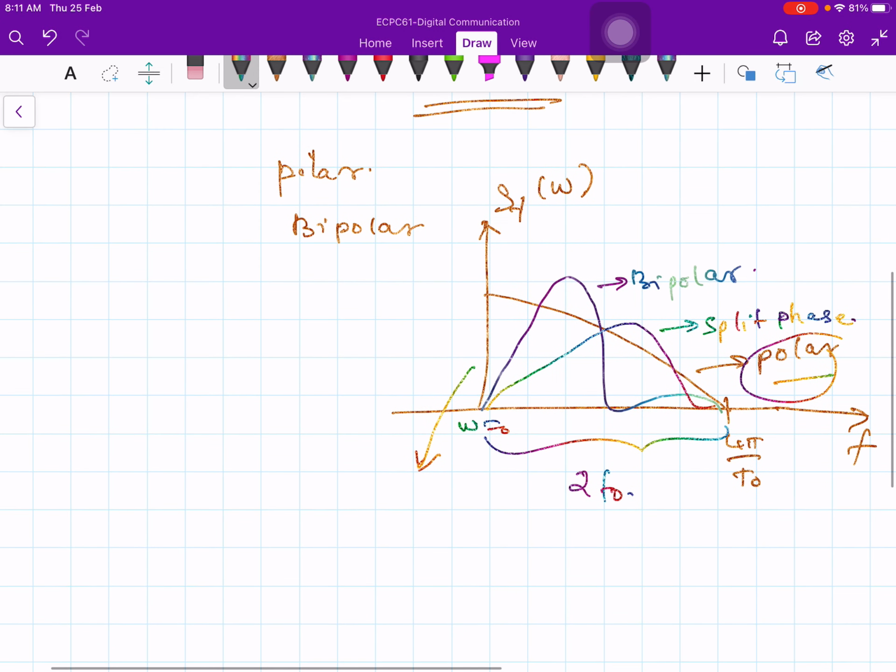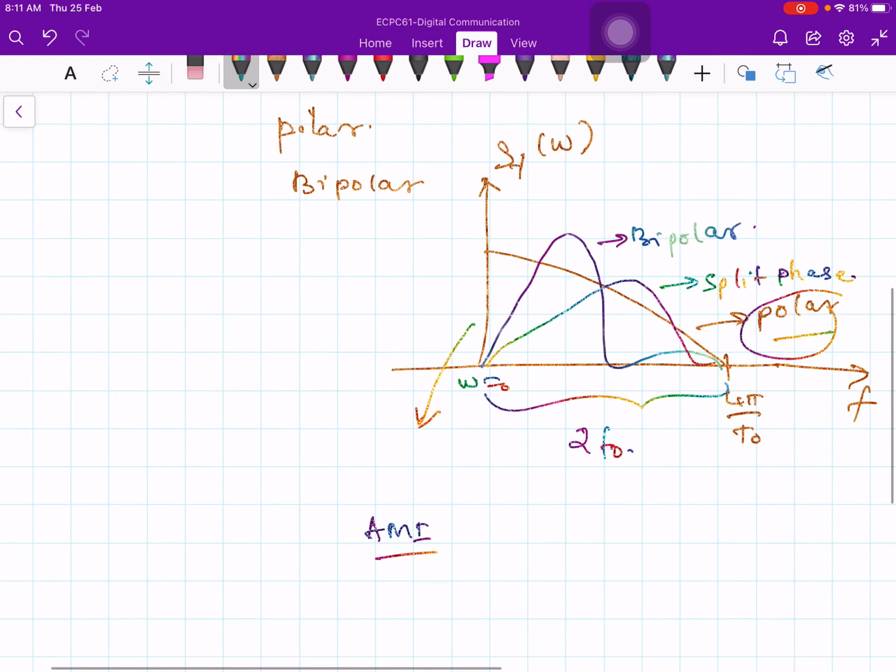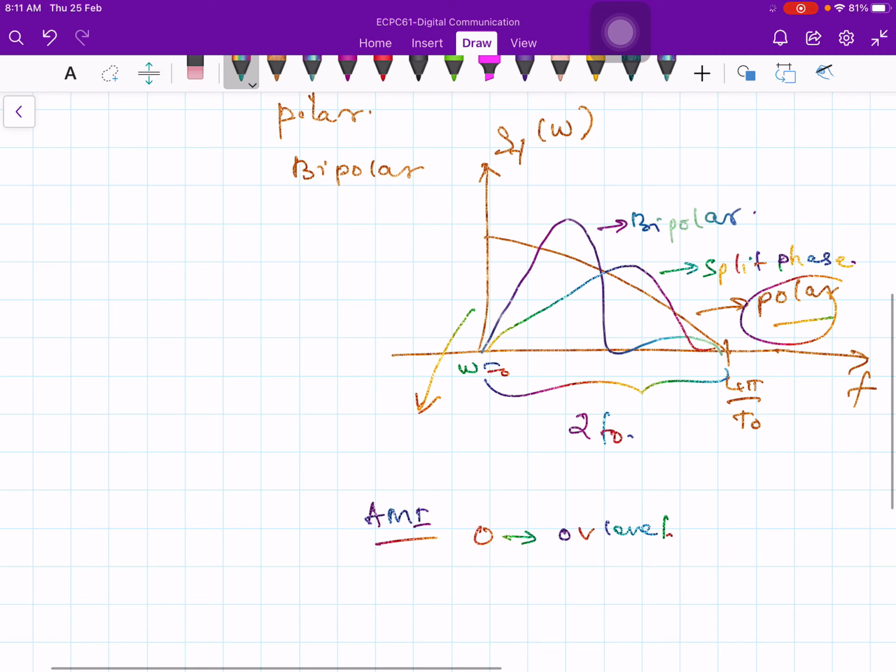But the bipolar case, in which we did alternate mark inversion, AMI, is an example of bipolar signaling. In AMI, a 0 is represented by 0 voltage level, no signaling, and 1 is represented by either p of t or minus p of t.